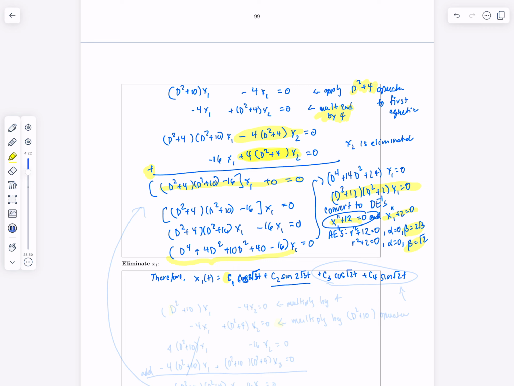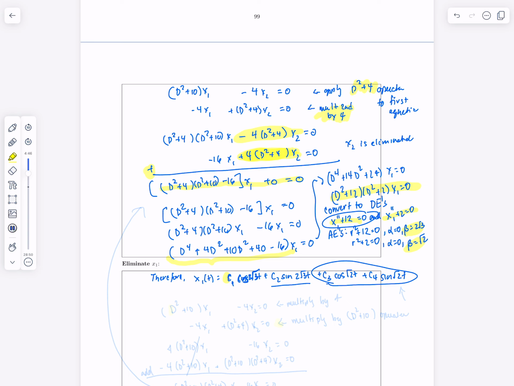But the other problem involves beta just being the square root of 2, and this is the solution to that. And so those are two homogeneous solutions that we add together, and we have a total of 4 constants. So what we have is a representation of what the displacement of x1 must be, given in terms of these 4 components.